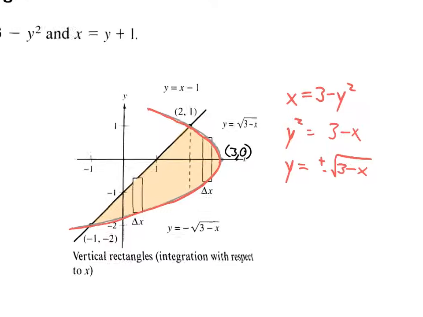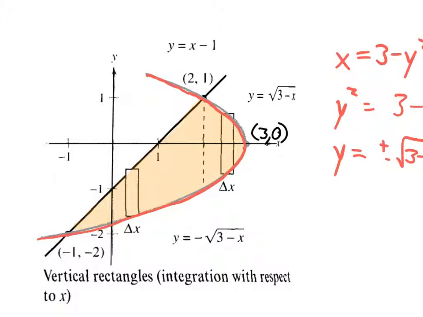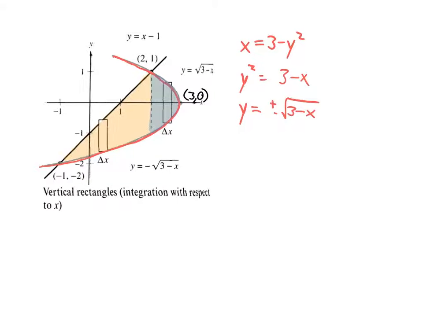You'll notice we've identified the point where the line intersects this here at 2, 1. And that's because if you're looking at this vertically, right here, we are between the positive square root of 3 minus x and the negative square root of 3 minus x.